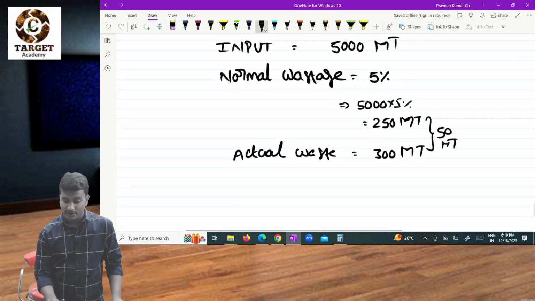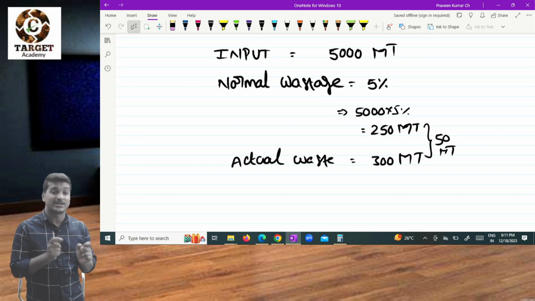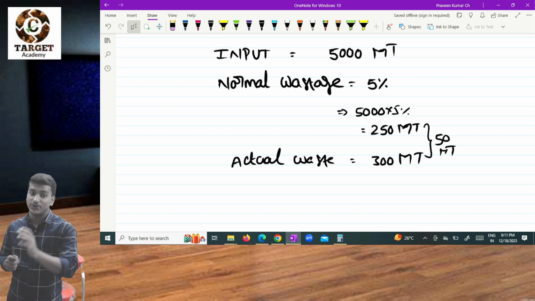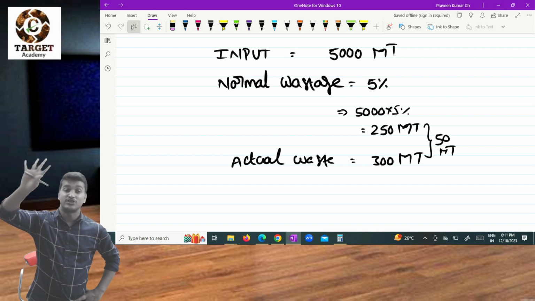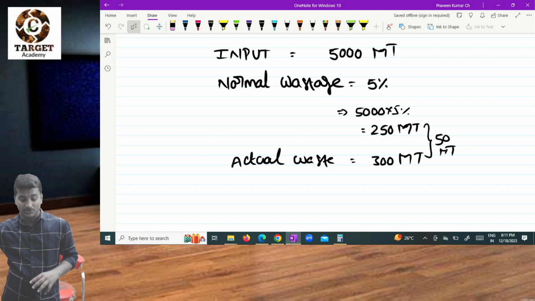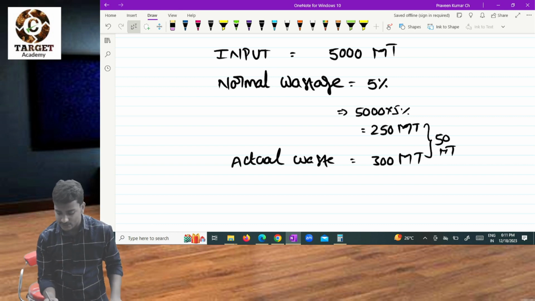So now our question is to find out closing inventory value. You tell me sir, what is closing inventory? We introduced 5000 MT. Out of those 5000, 300 is an actual loss. So balance how many units?